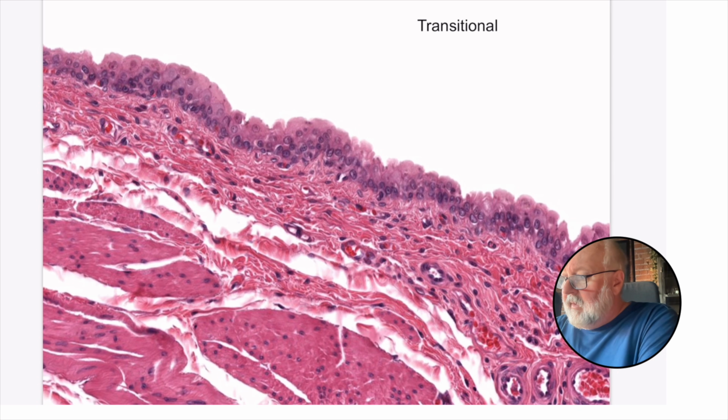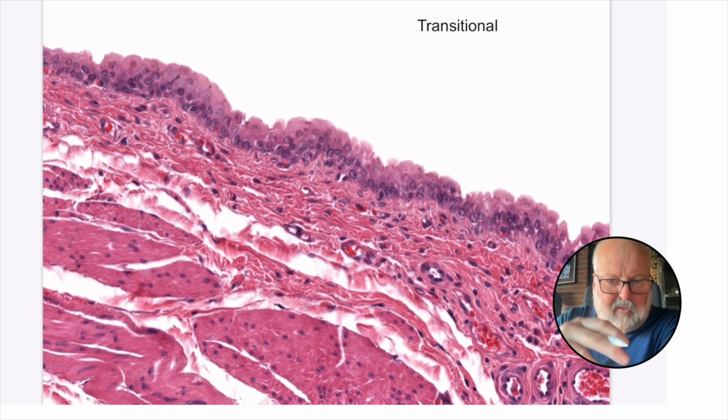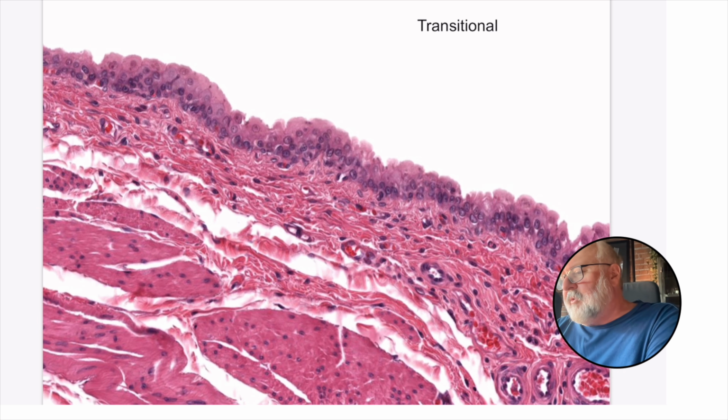Well done. And here's another weird one. This is one of those odd ones. Remember we had pseudo-stratified? This one's called transitional epithelium. Now it is a number of cell layers thick. Why is it called transitional? Because it can transition from one shape to the next. So we see this in very specific parts of the body.